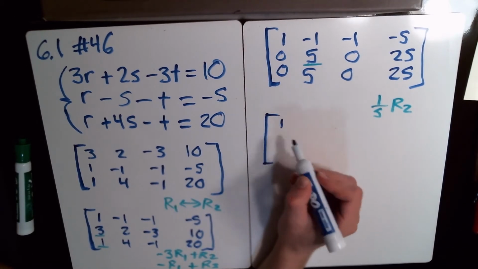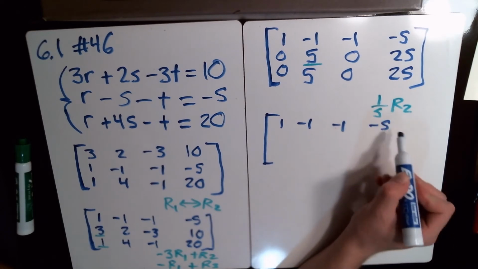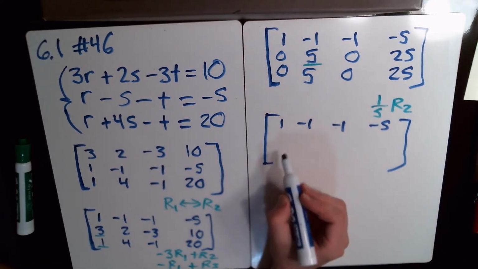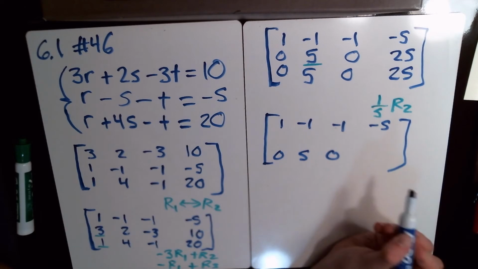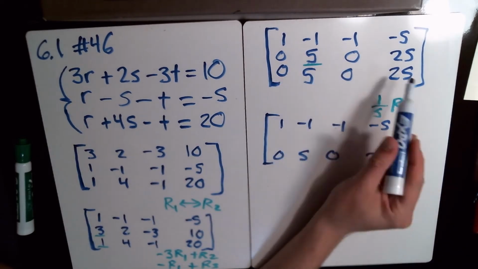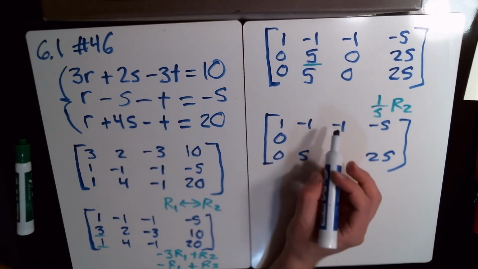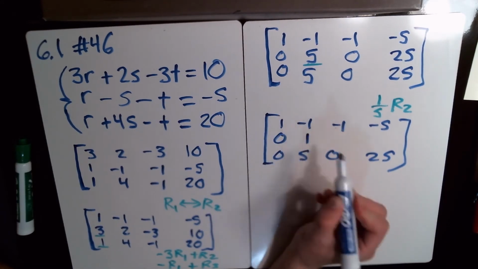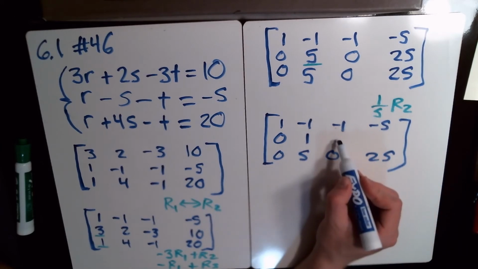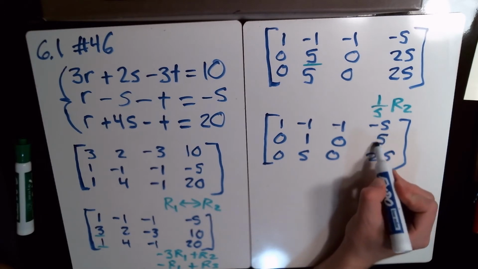So we've got 1, negative 1, negative 1, negative 5, and then our last row stays the same. So I'll multiply this all by 1/5, we get 0, times a fifth is still 0. 1/5 times 5 is 1, 0 times a fifth is 0, and then 25 times a fifth is 5.